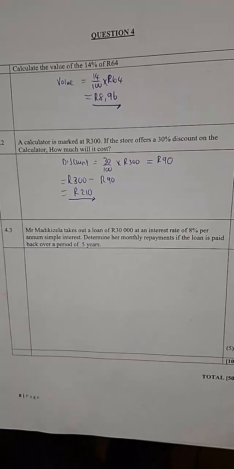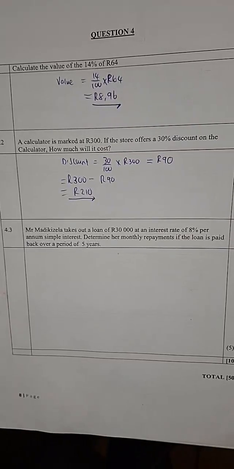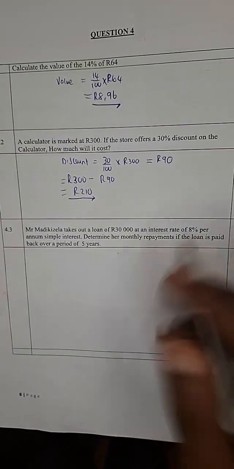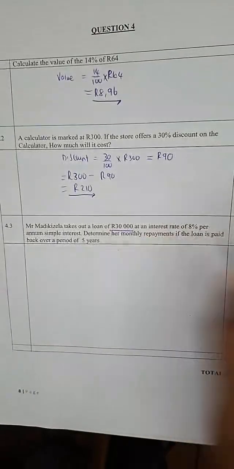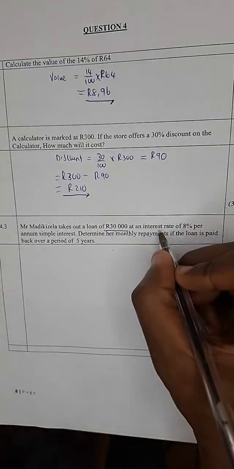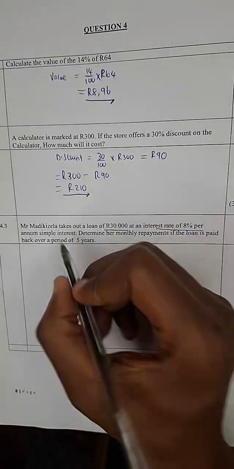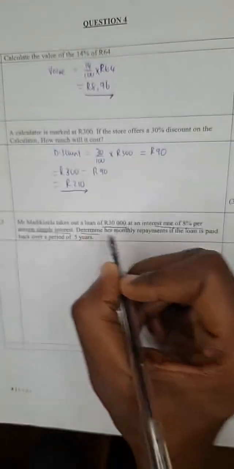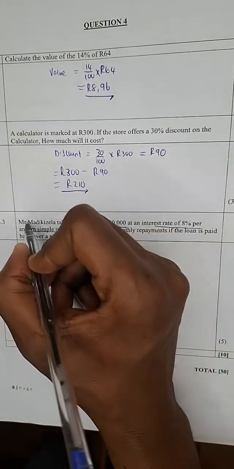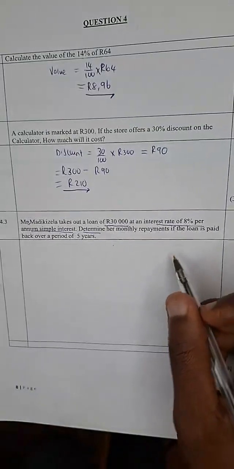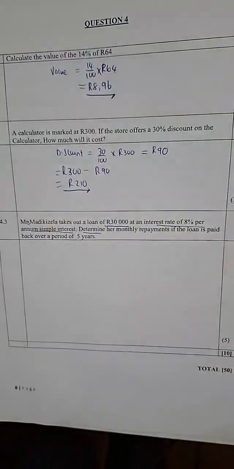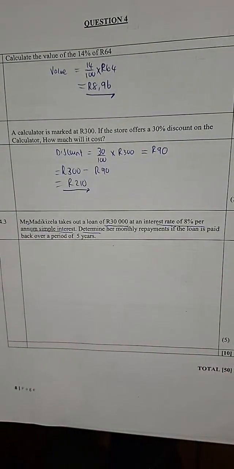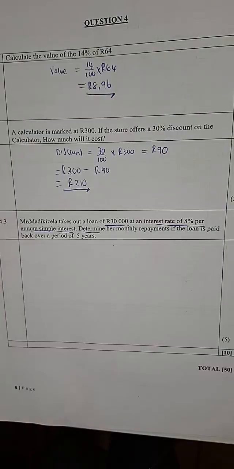So look at this last question. Mr. Madikizela takes out a loan of 30,000 Rand at an interest rate of 8% per annum, simple interest. Determine, okay, let's say Mrs. then, because consistency would be true that if it's a Mrs., then determine her monthly payments if the loan is paid back over a period of 5 years.